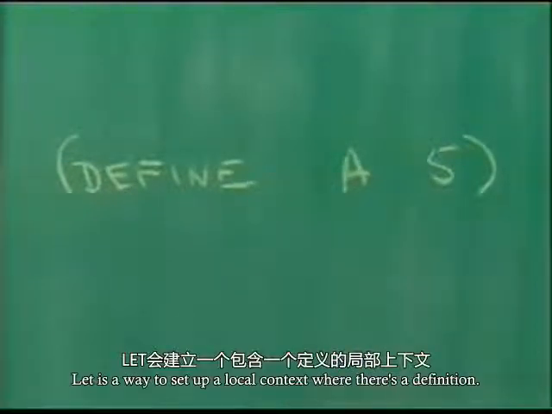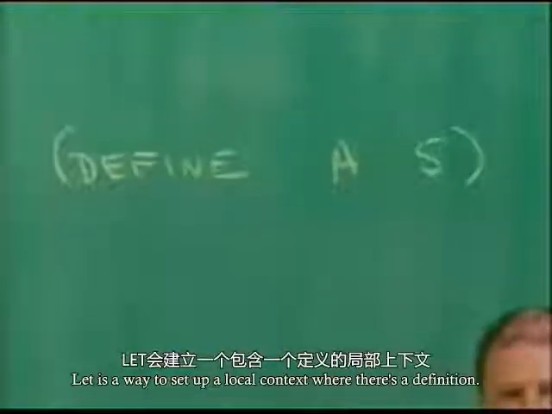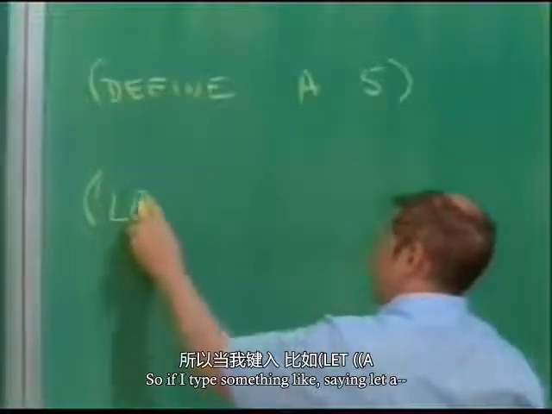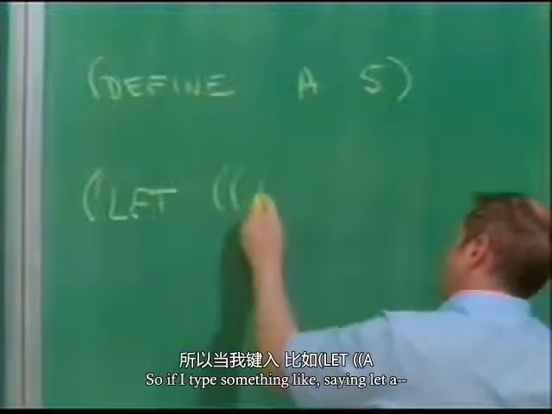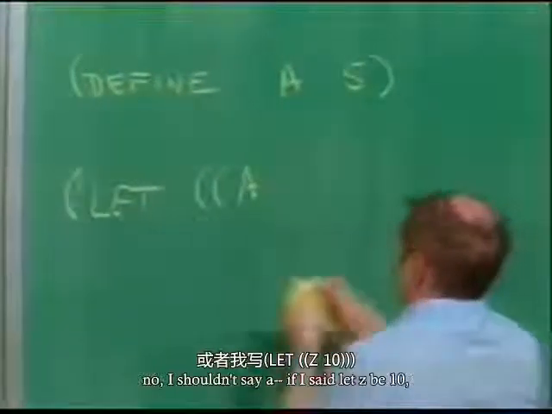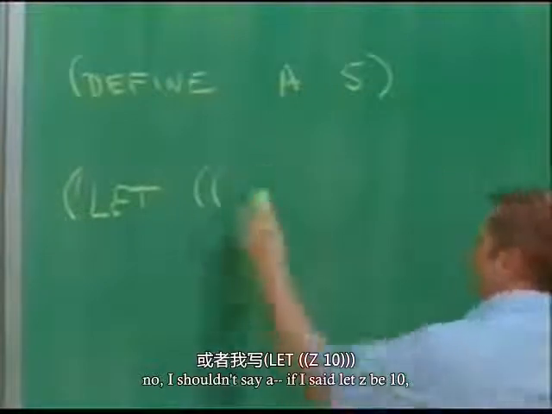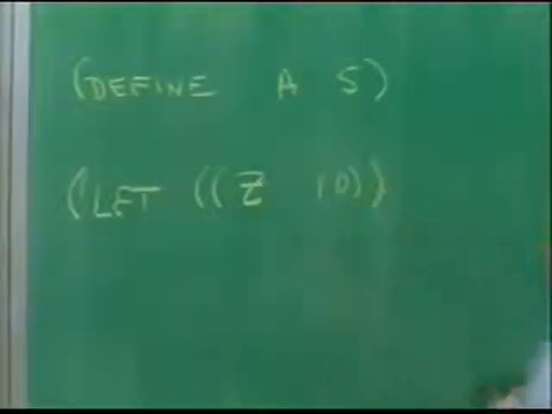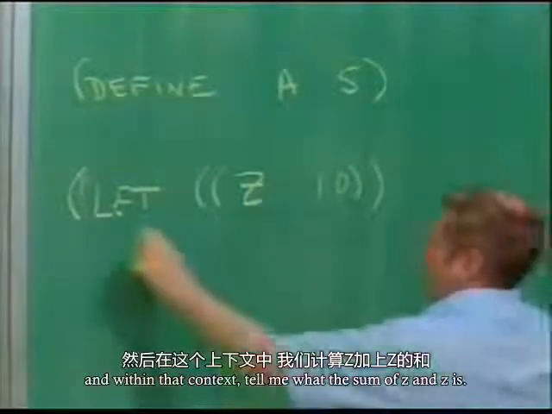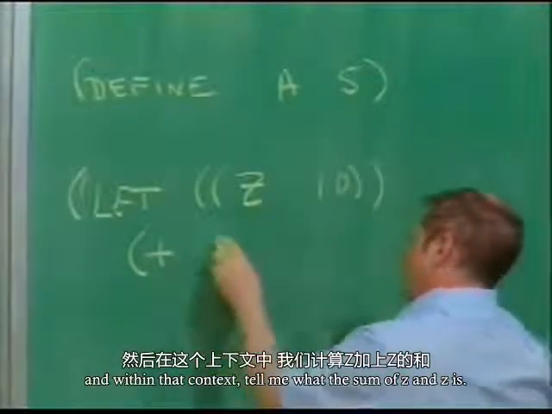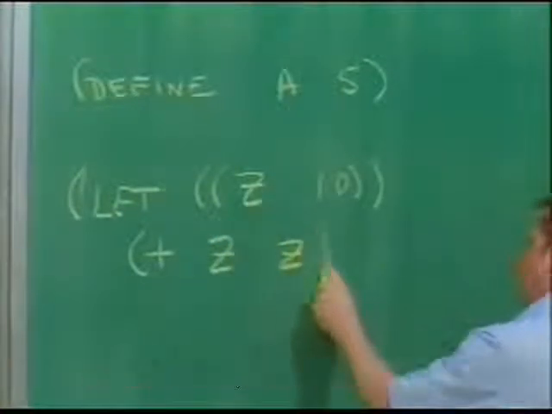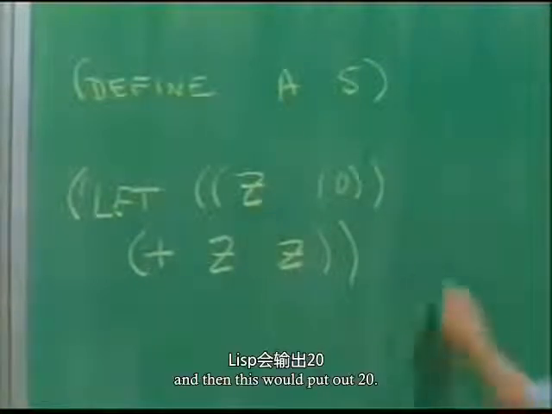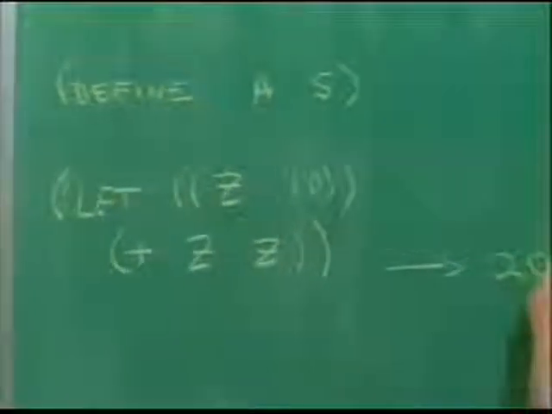Okay? Let is a way to set up a local context where there's a definition. So if I type something like saying let Z be 10, and within that context tell me what the sum of Z and Z is, so if I typed in this expression to Lisp, then this would put out 20.